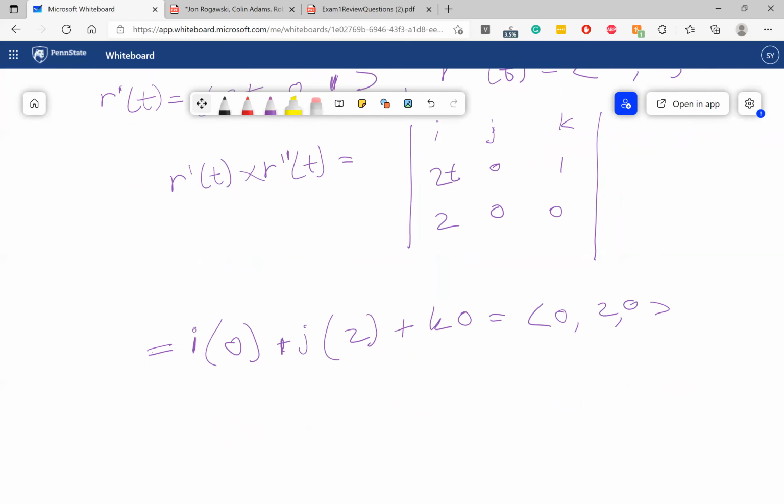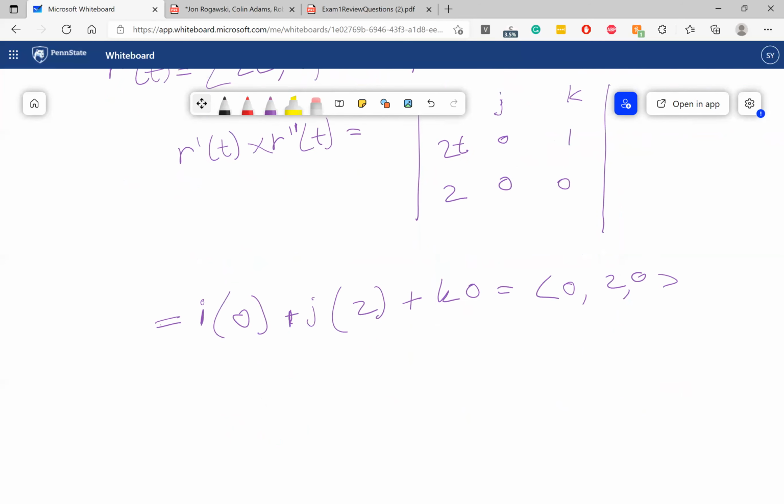So what is the magnitude of this vector? Well, it's just going to be 2. So the magnitude of r prime of t cross r double prime of t is just equal to 2.